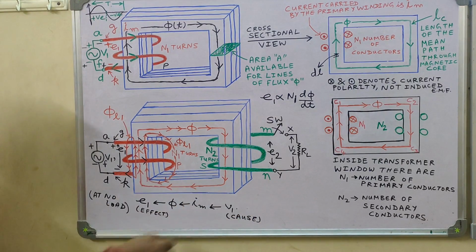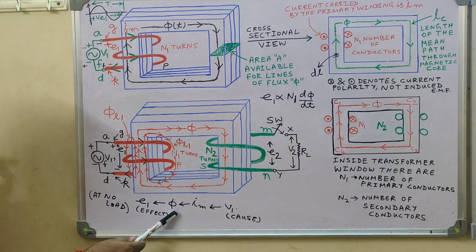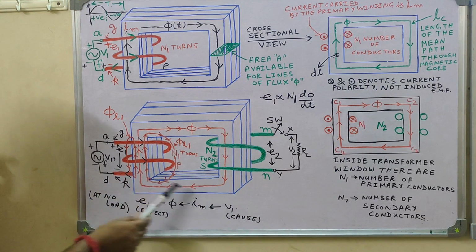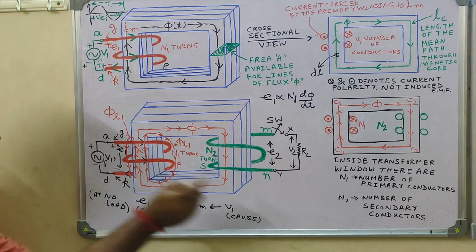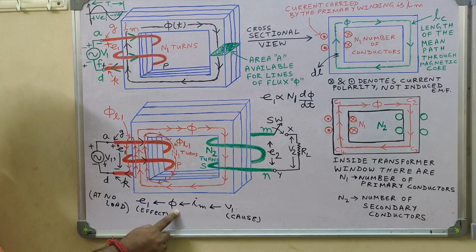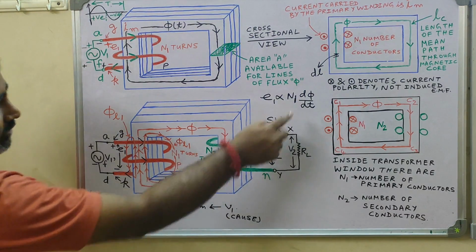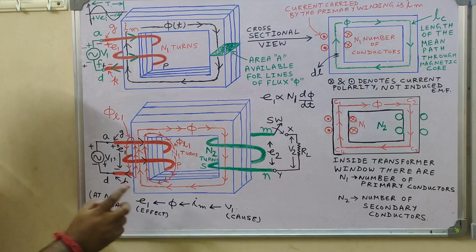Applied voltage V1 gives rise to magnetizing current IM in the primary coil P. Magnetizing current IM gives rise to flux phi in the magnetic core. Now this flux phi gives rise to induced EMF E1. Because the applied voltage V1 is sinusoidal, IM is sinusoidal, so flux phi is sinusoidal. If flux phi is sinusoidal, then d/dt of phi is a non-zero quantity. So you have an induced EMF E1.